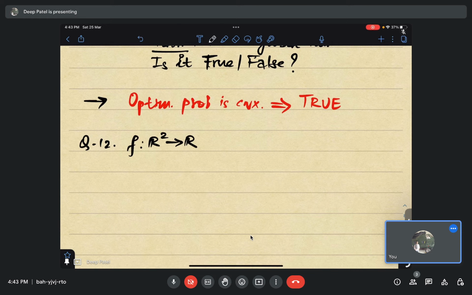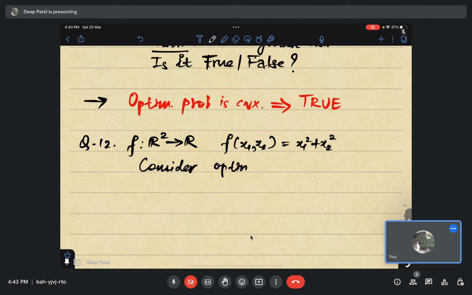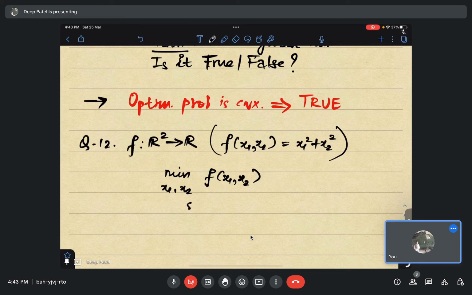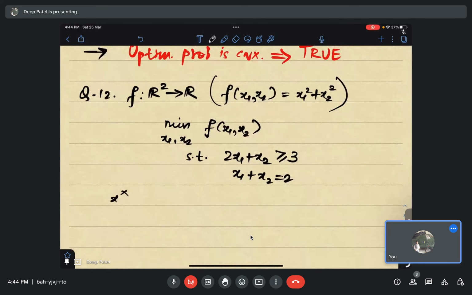So your function is defined on R2, and I have to minimize this objective such that the constraints hold, and let's say X star is the optimal solution.